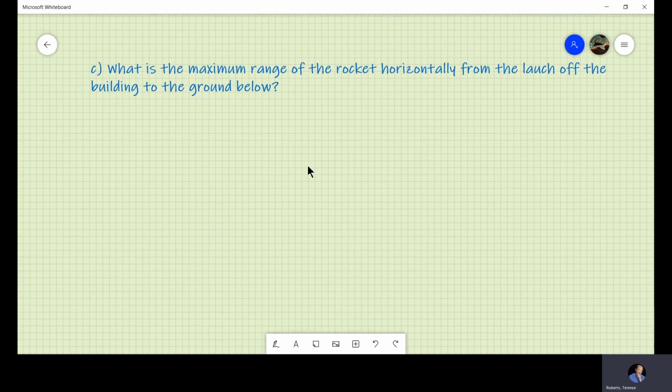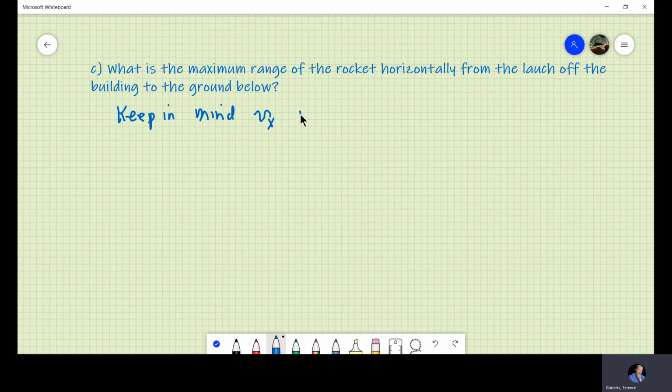What is the maximum range of the rocket horizontally from the launch at the building to the ground? Now we've got to keep in mind the velocity in the x is always constant. So if that's the case, then this equation would be true.